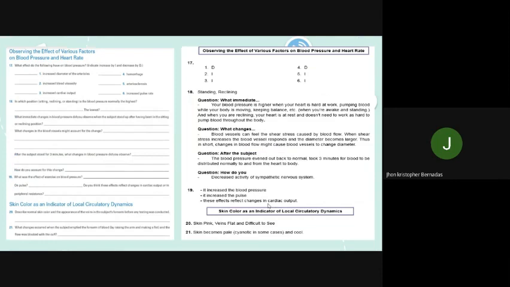For observing the effect of various factors on blood pressure and heart rate. Number 17. What effect do the following have on blood pressure? Number 1. Increased diameter of arterioles. And our answer is D. Number 2. Increased blood viscosity.